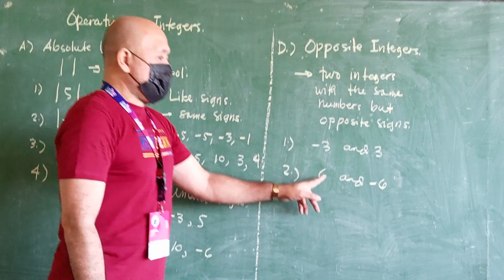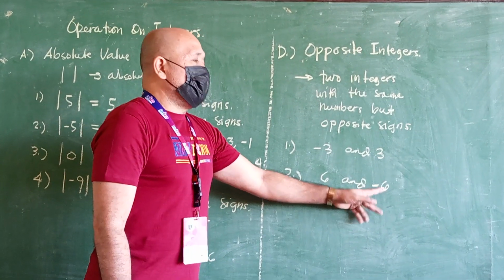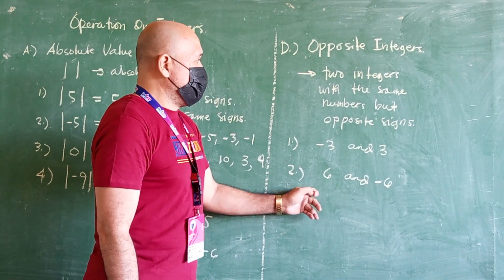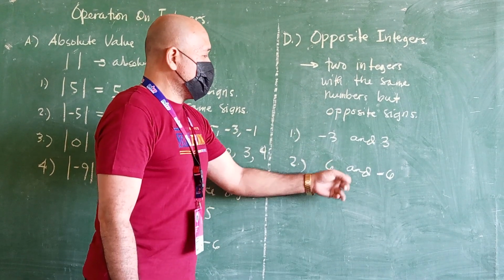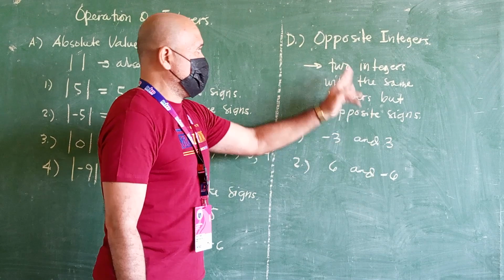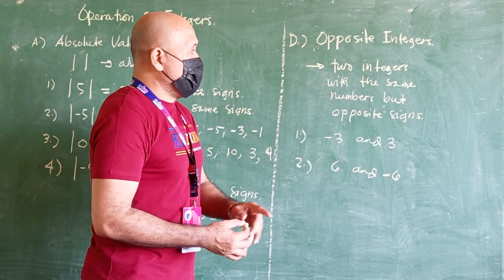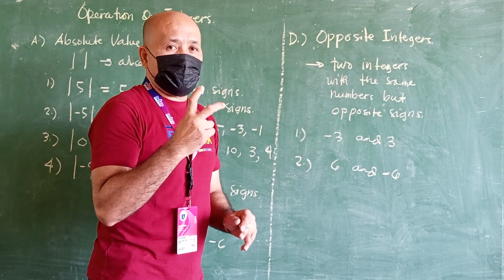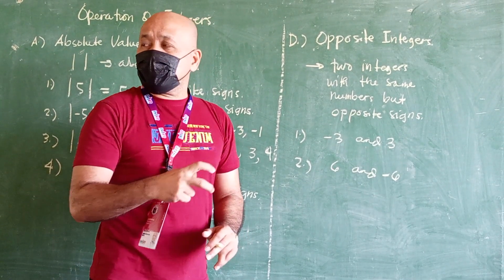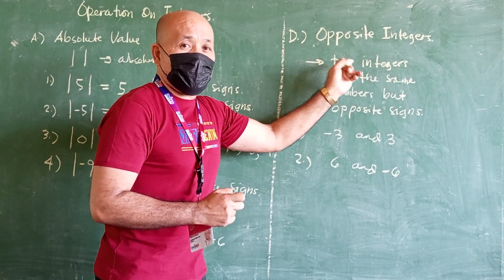These two integers have the same numbers, but their signs are not the same, so we consider them as opposite integers. Just remember in general that if two numbers are the same but their signs are not the same, we consider these integers as opposite integers.